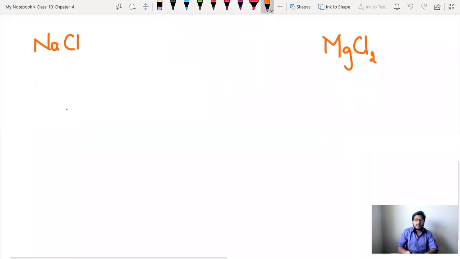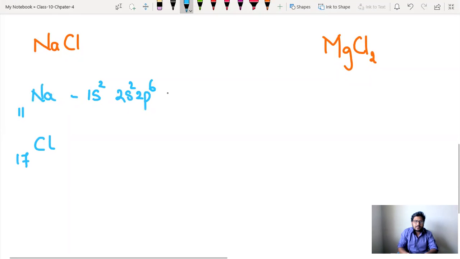Let us see sodium chloride. Sodium atomic number is 11, chlorine atomic number is 17. 11 is not stable. The nearest stable element is 10. You know the electronic configuration of sodium: 1s2, 2s2, 2p6, 3s1.